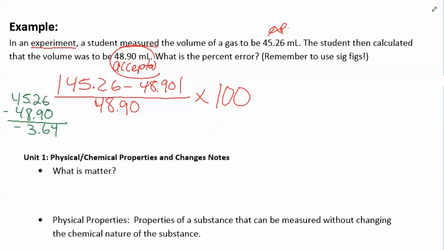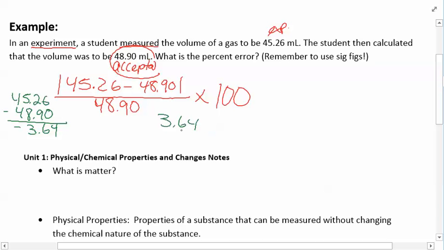So notice we have 3 sig figs there. We want the absolute value of it. So we're just going to take the 3.64, divide it by 48.90 times 100. To determine our sig figs, we have 3 sig figs on the top of the fraction, 4 on the bottom. So my answer should have 3 sig figs.